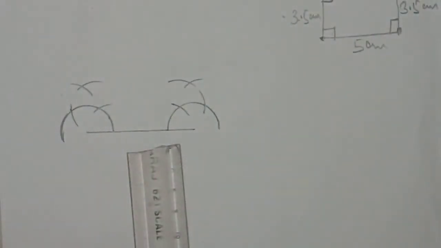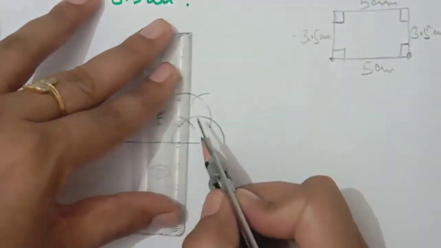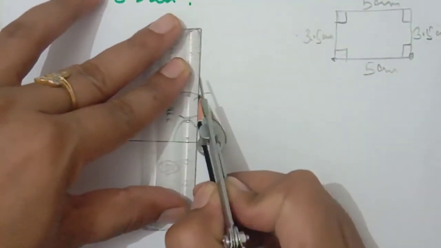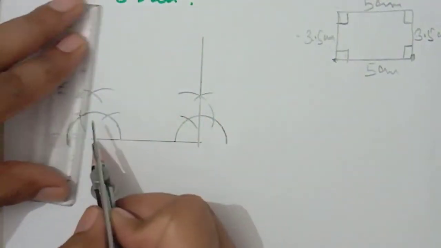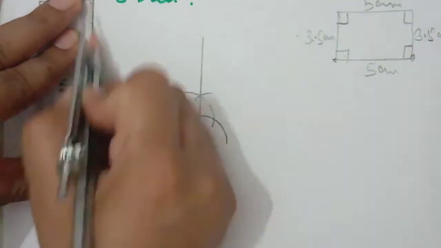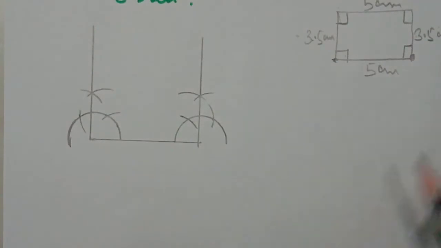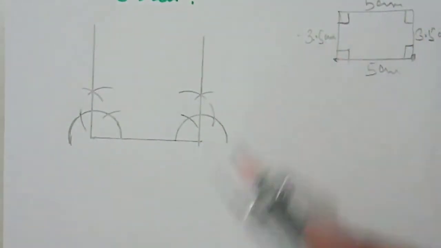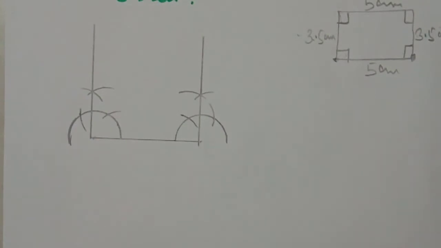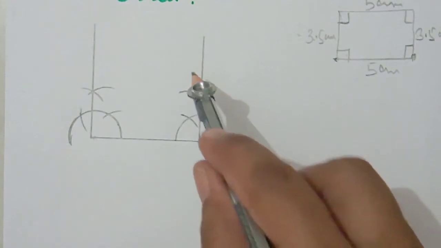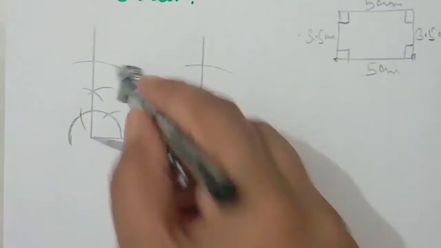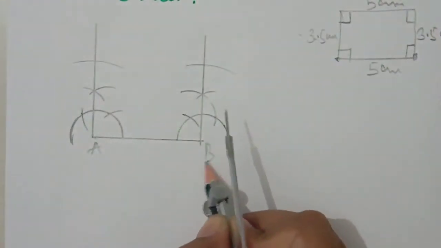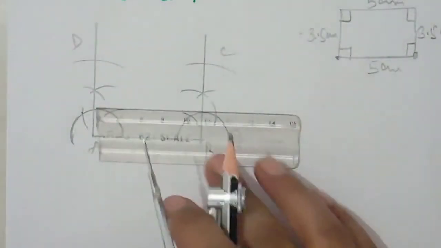So we have to meet the angle bisector with the side. See, and now we know it very well that the opposite sides, it means the breadth, is 3.5. So we have to set our compass to 3.5. So this is 3.5. We will mark our two arcs. This is A, B, C and D, and then we will join CD.